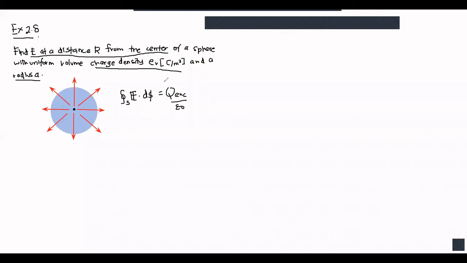Now we can write the electric field, which we later use in solving the vector form of Gauss's law. The electric field is in the radial direction, pointing outwards. So E will be E, the magnitude, in the r direction.